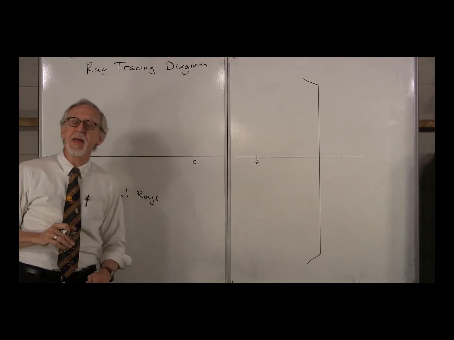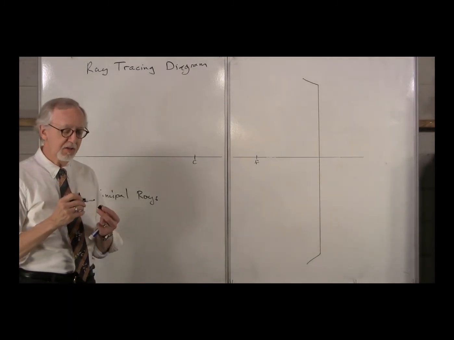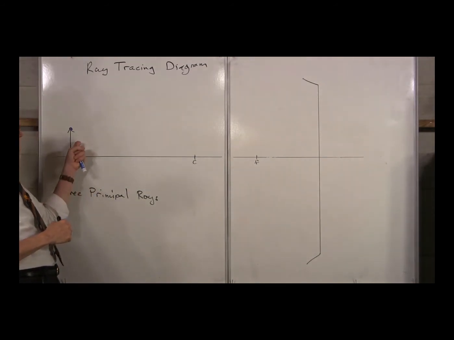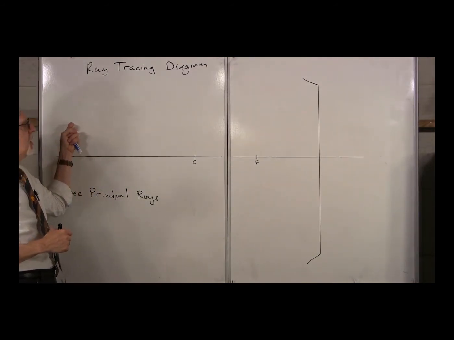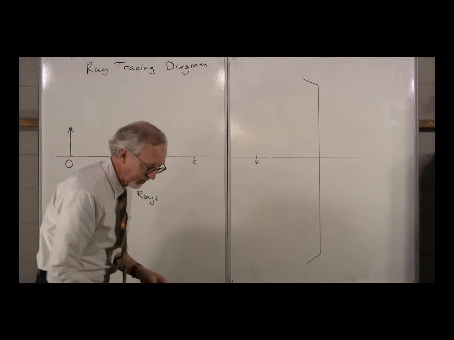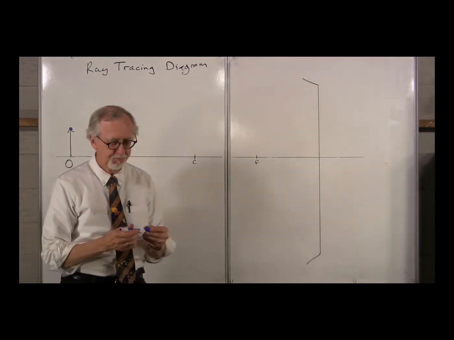The first ray is one we were just talking about, a ray that comes in parallel to the principal axis. So I'm going to draw in a ray from the top of my object that comes in toward the mirror parallel to the principal axis. So let's do that all together. I'll do this one in blue.